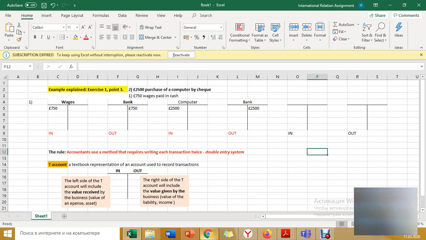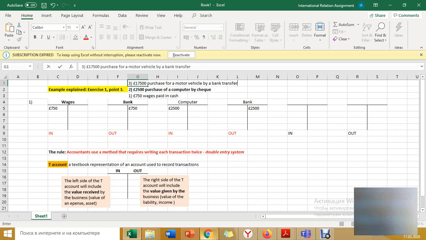Then we have our third example. The third example is related to the purchase of a capital asset, same as the second one, right? Capital expenses. So you have a £17,500 purchase of a motor vehicle by bank transfer.